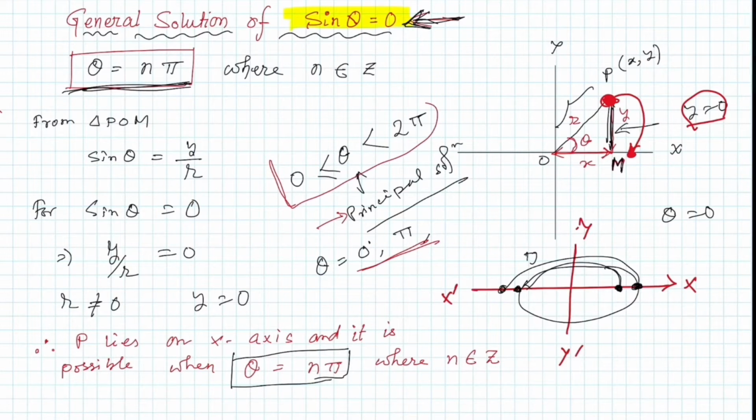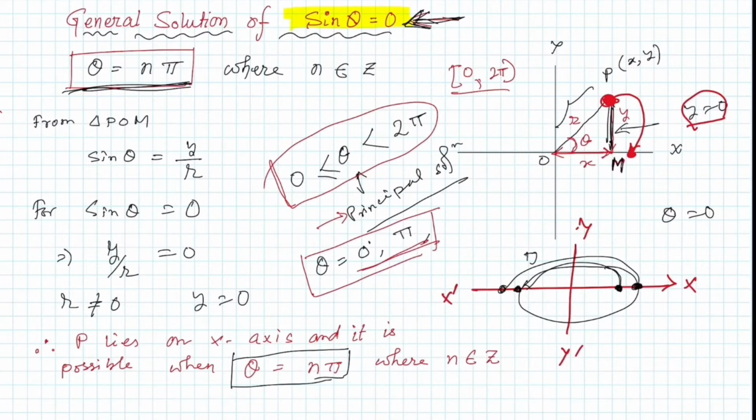So theta can be greater than or equal to 0, a closed interval here, and an open interval at twice pi, so less than twice pi. So the principal solution of sine theta is equal to 0 is given by theta is equal to 0 or pi.